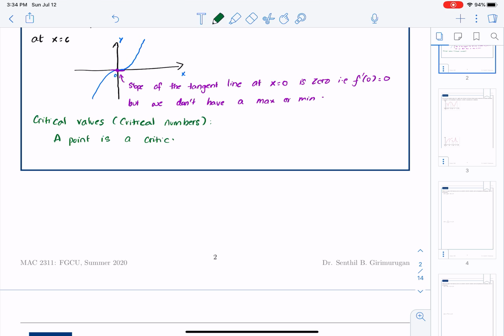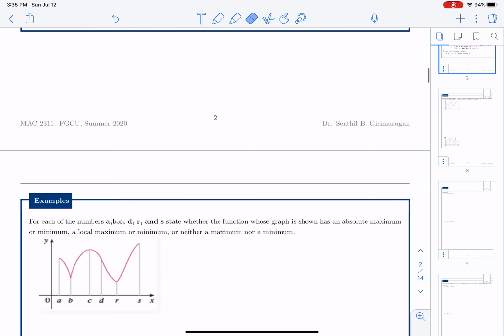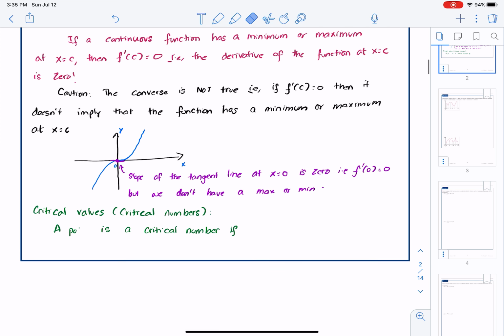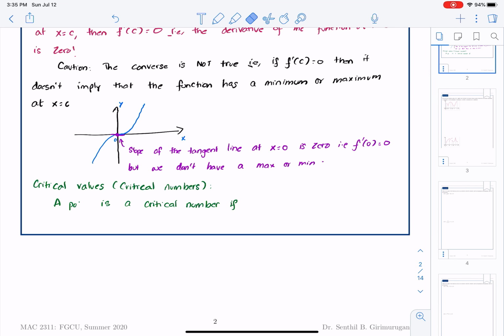A point, I'll say a point C, is a critical number if f prime of C equals 0 or f prime of C doesn't exist.